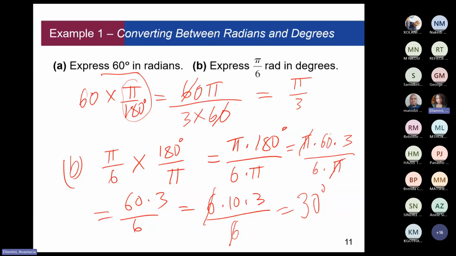I'm just showing you how I would do it without the calculator, because sometimes you might be panicking and wonder what 180 divided by 6 is. But by now, guys, you know that pi over 6 is 30, pi over 3 is 60, pi over 4 is what? Pi over 2 is what? Thank you. Are we all together on the slides?